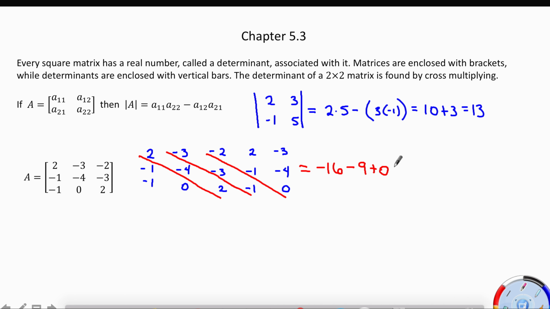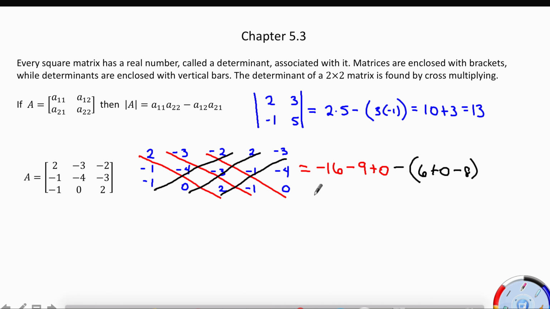Okay, and then minus negative 3 times negative 1 times 2, so 6, plus 2 times negative 3 times 0, so 0, plus negative 2 times negative 4 times negative 1, so minus 8.